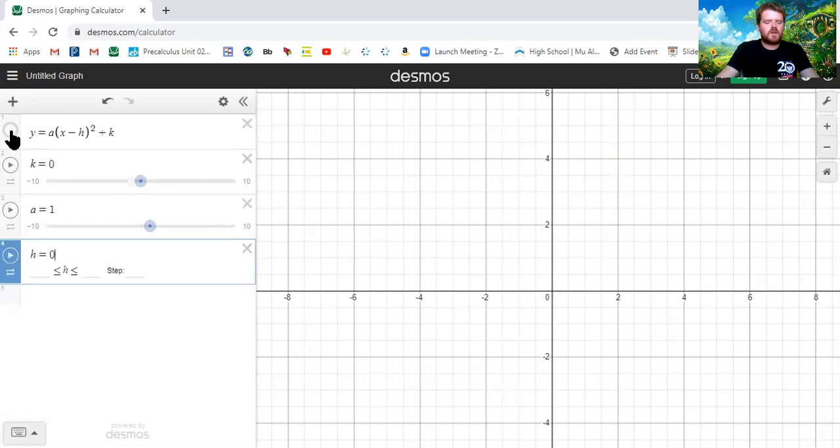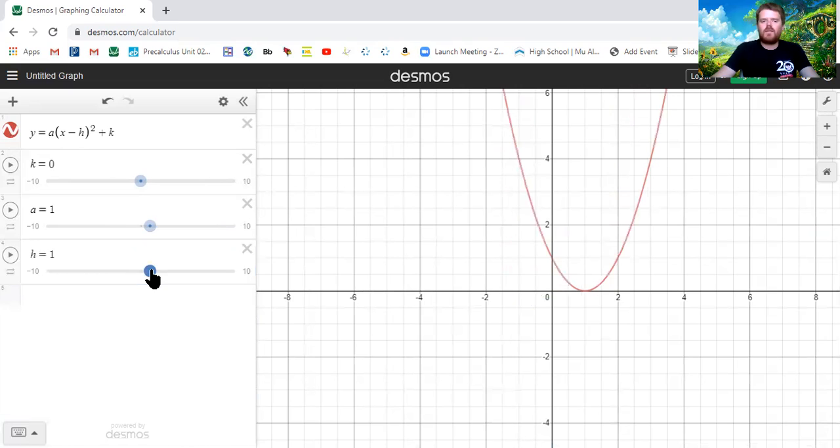Going back to quadratic functions for a second, if I'm looking at a quadratic function in vertex form, we can change the graph moving it left to right. We do that by changing the h value. So here, let's say this was y equals x squared, and I change it to y equals x minus 1 quantity squared, then that is shifting the graph to the right.